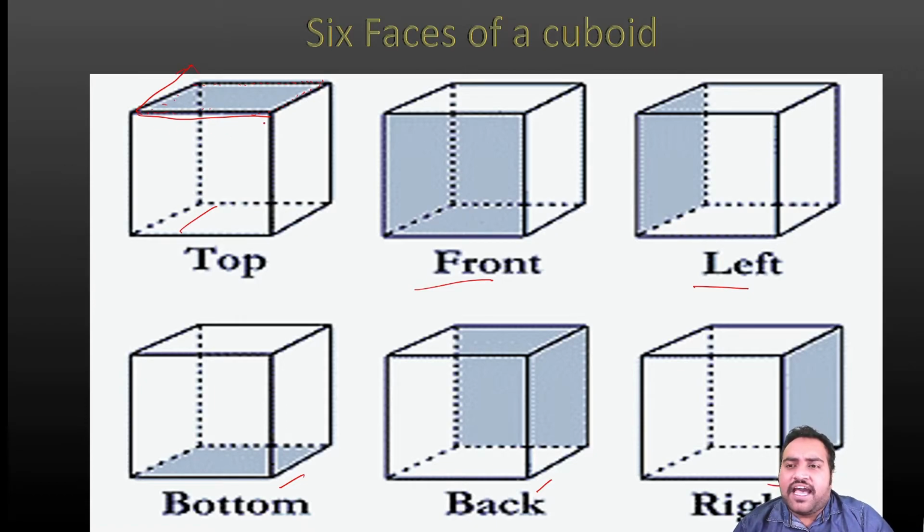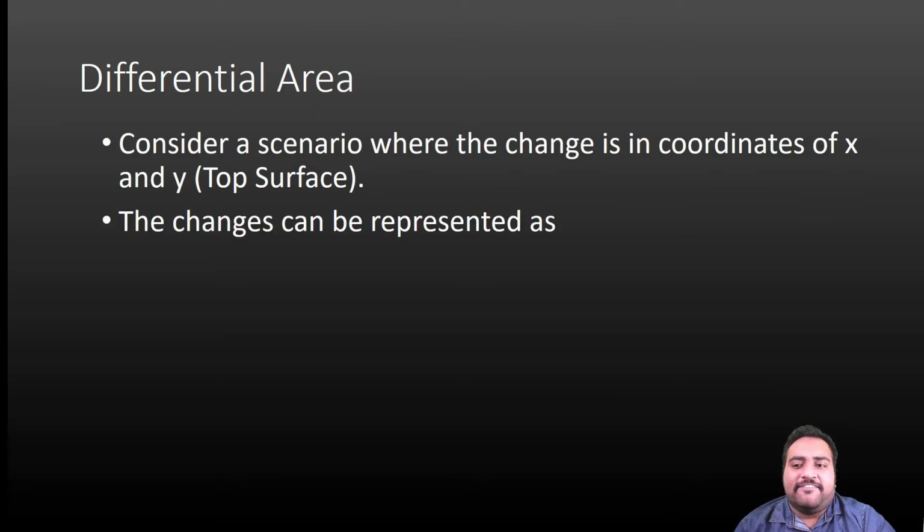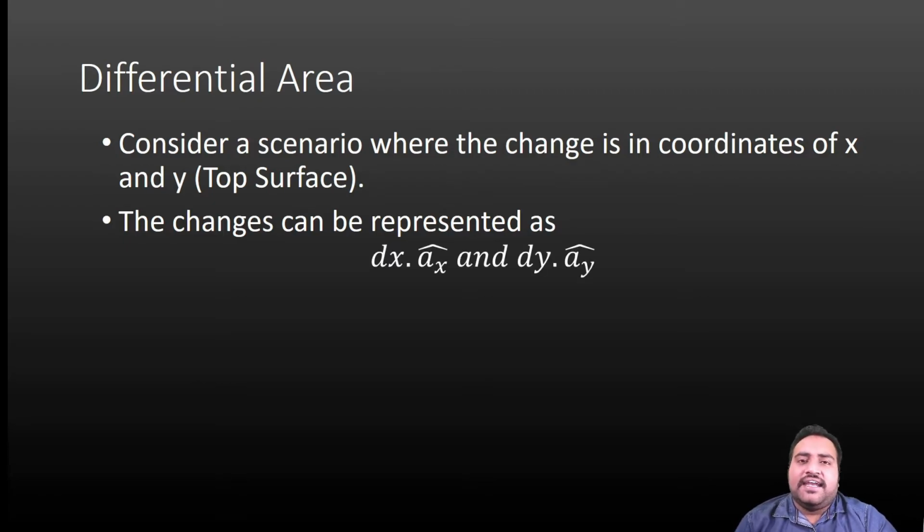Right? See, I have formed a closed loop, thereby forming a surface. In this surface, the changes are only in x and y. The changes are dx ax cap and dy ay cap.